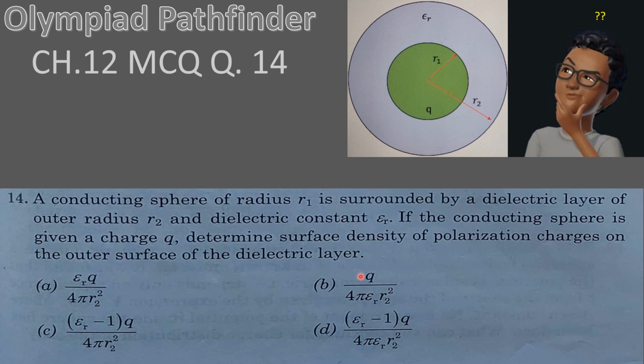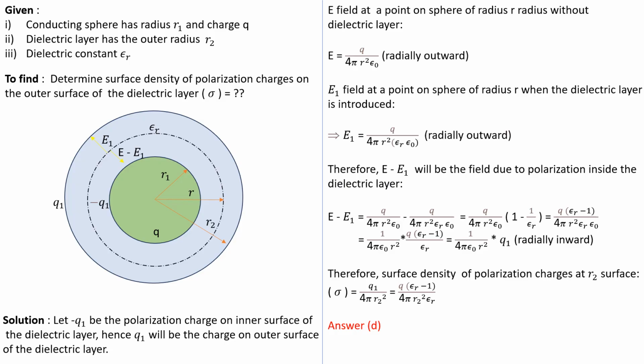There are 4 choices. We are to solve and see which are correct. For convenience, we have collected the data over here. The conducting sphere has radius r1 and charge q. This green sphere is the conducting sphere and has total charge q on it, and r1 is its radius.